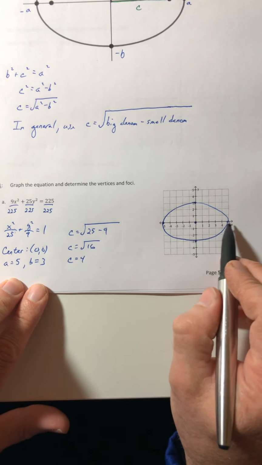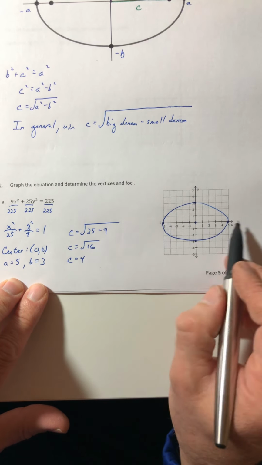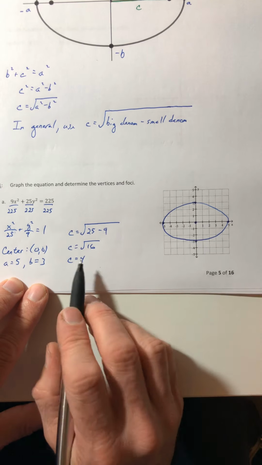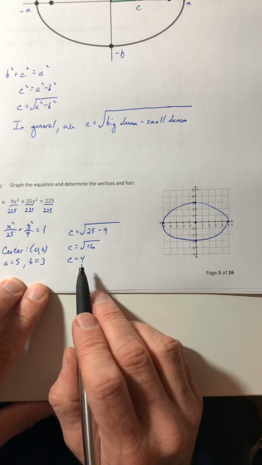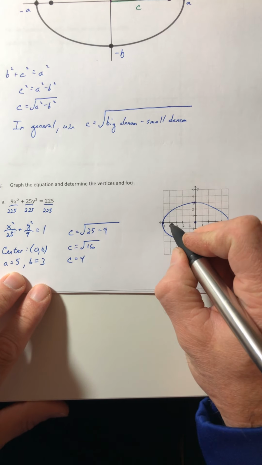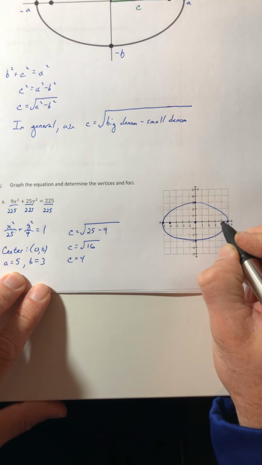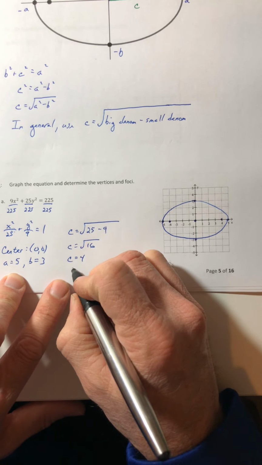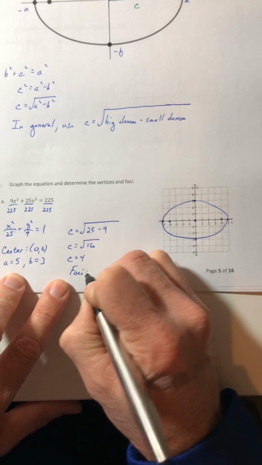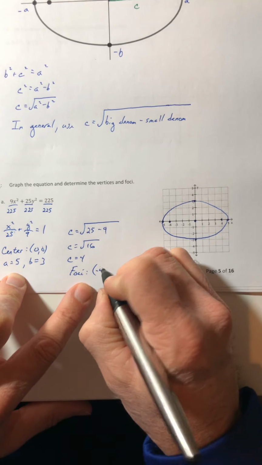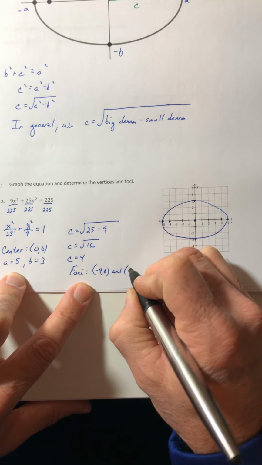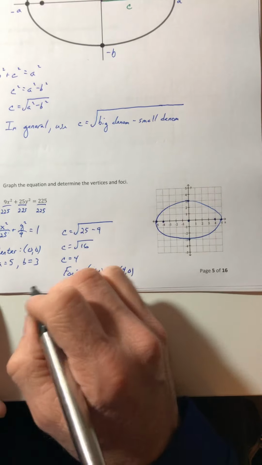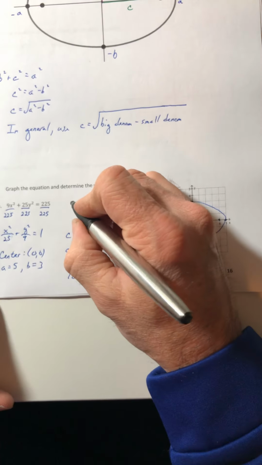And since the ellipse is a wide ellipse, that means that your focus points are going to go left and right by that C value. So left by 4, right by 4. So the focus points are at -4, 0, and +4, 0.